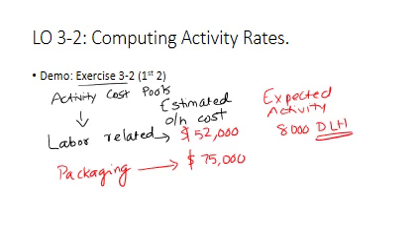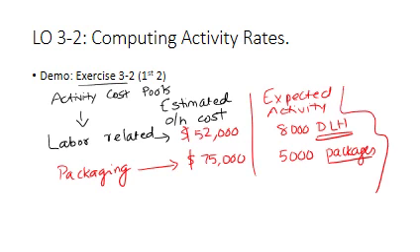So you're using direct labor hours. And then for packaging, I'm going to use the number of packages as the measure, and you know that 5,000 packages were done, or expected to be done.